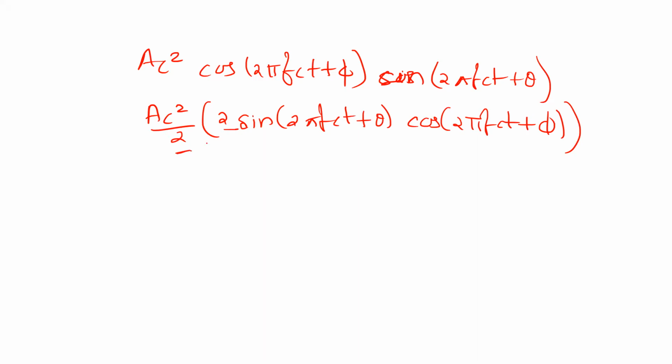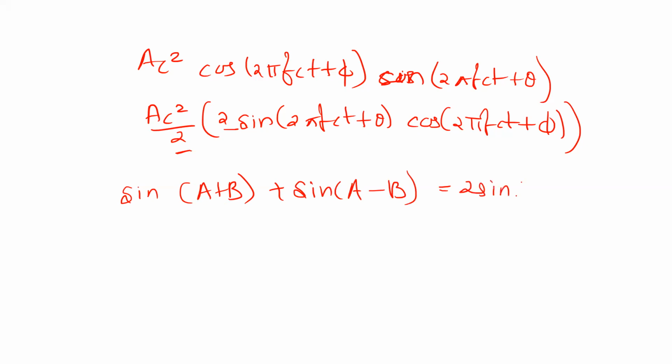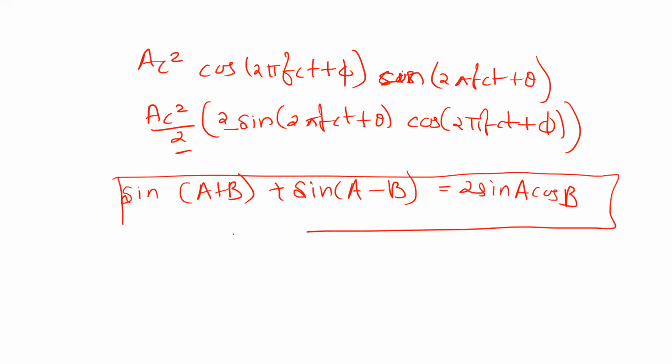So if you see, sin(A+B) + sin(A−B) is equal to 2 sin A cos B. Do you know this expression, Jerry? Yes, that is the trigonometric identity. So can we move ahead or should I wait?